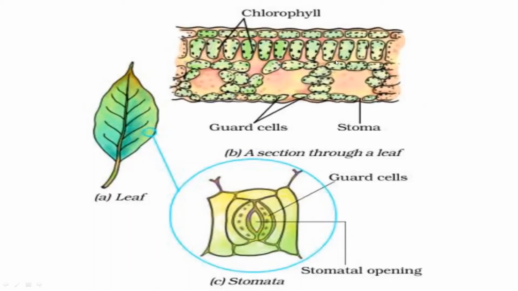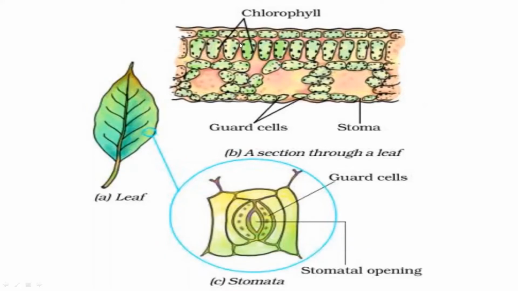And this is the mesophyll layer. It consists of mainly two cells. See, these are the palisade mesophyll and these are the spongy mesophyll. And these cells are parenchymatous in nature. So you can also say this as palisade parenchymatous cells and spongy parenchymatous cells.